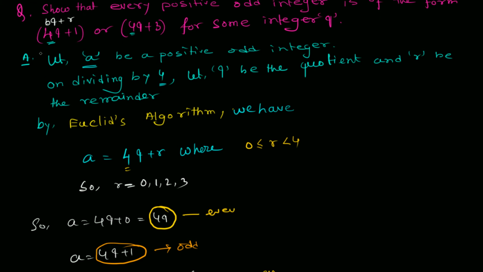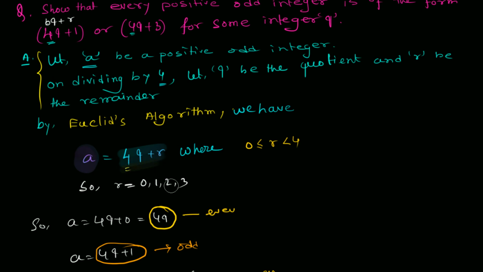As I told you, we will always have questions from this Euclid's division lemma. So this is the statement given. We always have to follow the same format while solving this question. We take that a, which is given, equal to 4q plus r.